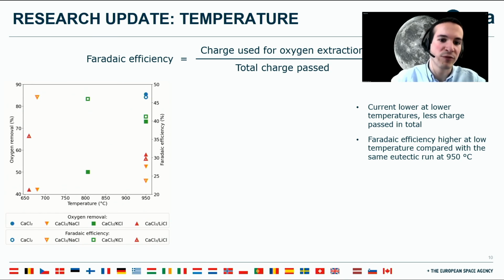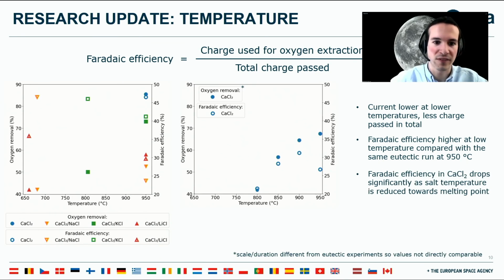But if you reduce it too much, that's what happened in the second case, if you get very close to the melting point, then you start to lower your efficiency again. So you could find an optimum point, which on the right side would be about 900 degrees, where you have the optimum use of your electrons. So that's important if you want to maximize your current efficiency.